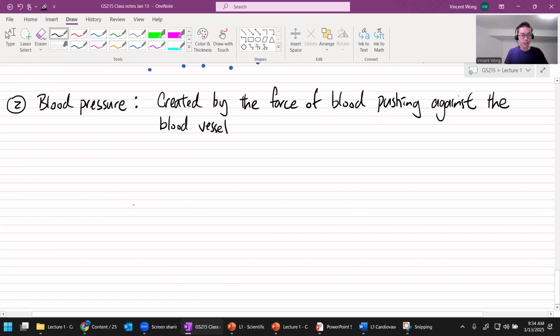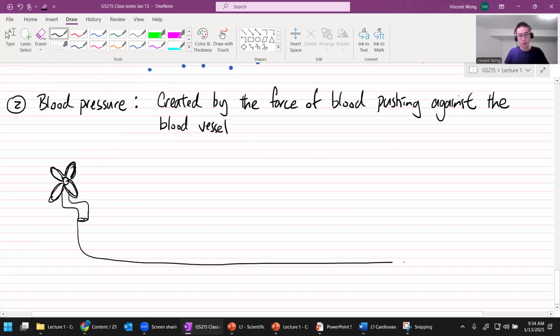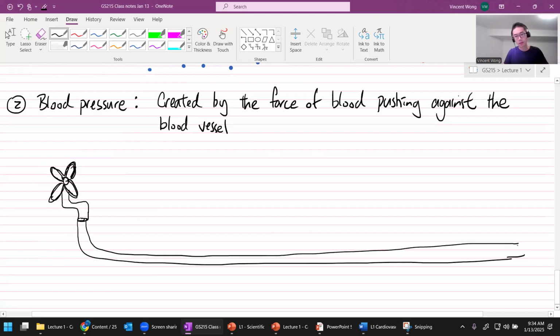Now, to help you understand the effects of blood pressure on capillary exchange, I want you to visualize this with me. Just imagine this in your head. We have a faucet, like maybe in the garden or something, and you are going to hook this up to a very, very long hose.